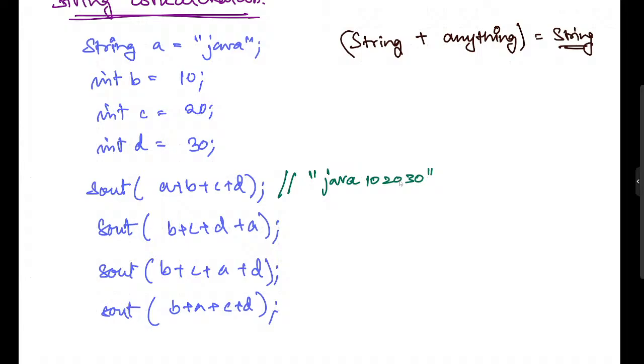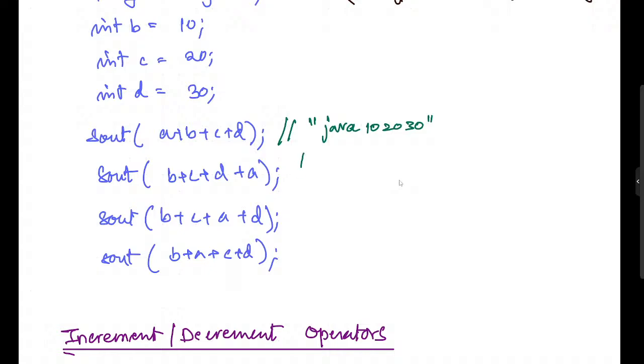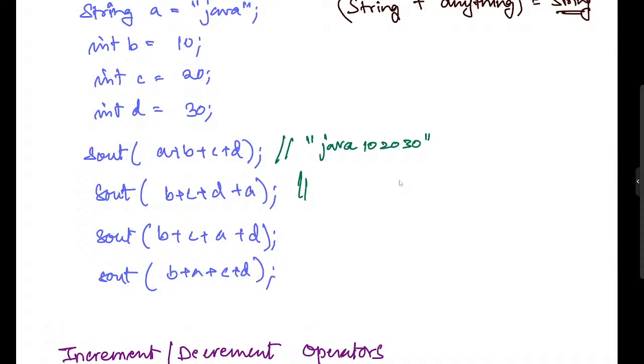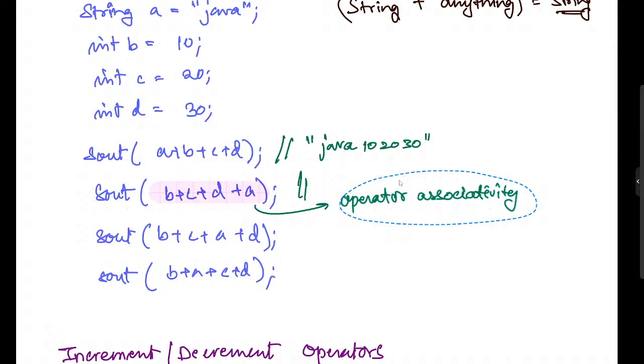For example, if I do b plus c plus d, then 10 plus 20 plus 30 happens first, because there is also one more rule here, and that rule talks about operator associativity. What do I mean by operator associativity?